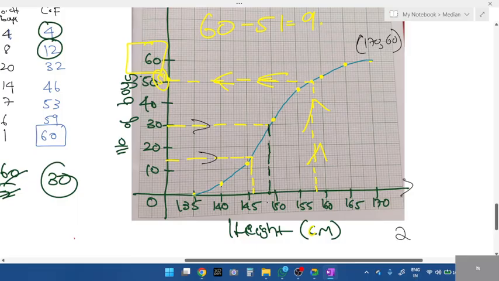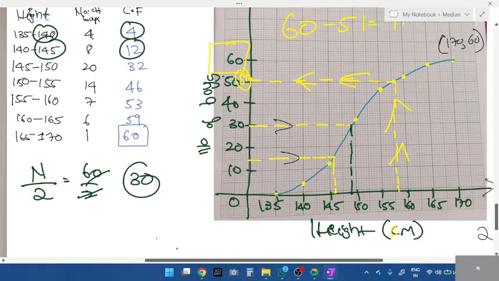Where does it touch, students? In between 145 and 150. Each line is 0.5. So it is one line less than 150. It is 149.5. 149.5 is the answer. Or you can write even 149.